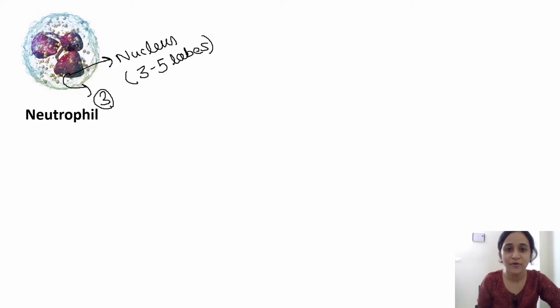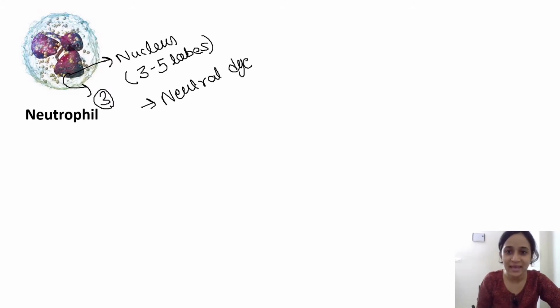The granules can be stained by neutral dye, so no acid dye, no basic dye. You can stain neutrophil by neutral dye. That's why the name is neutrophil, filling for neutral dye.